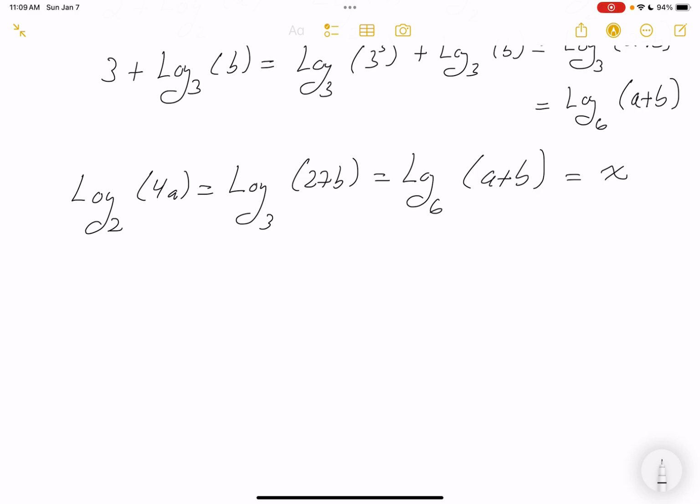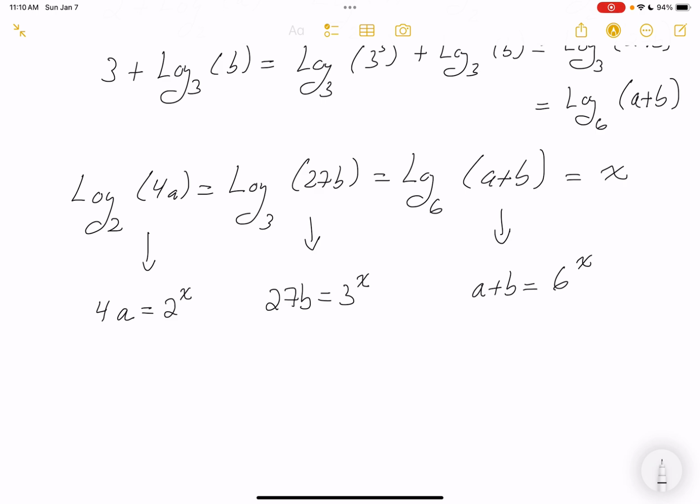I'm going to say they're all x. So the first one, rewritten in exponential form, 4a would equal 2 raised to the power x. And 27b would equal 3 to the x. And a plus b would equal 6 to the x.